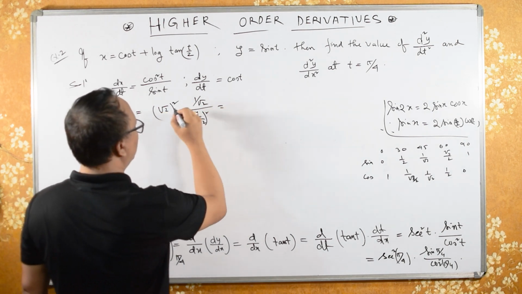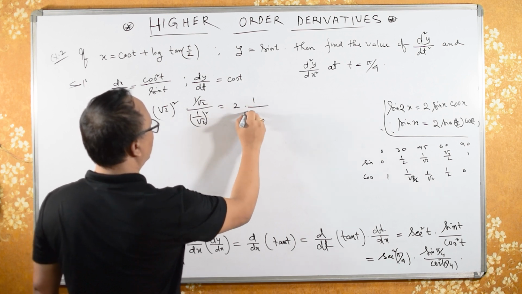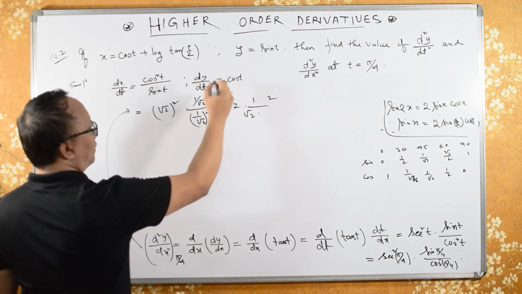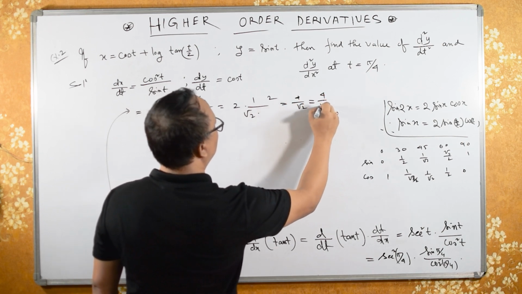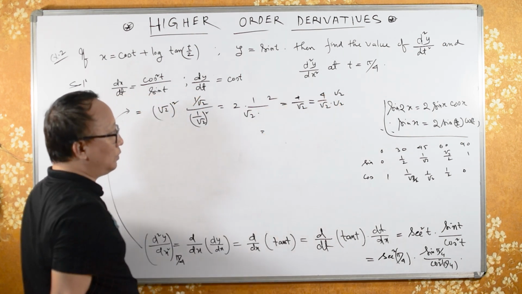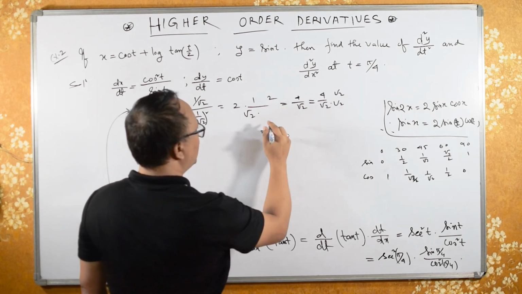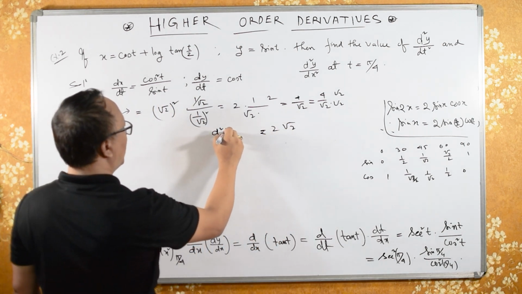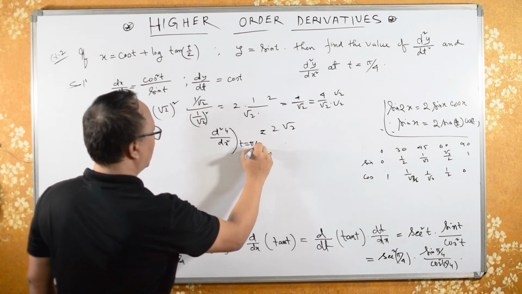Root 2 the whole square is 2. So we have 1 by root 2 into 4, which is 4 by root 2. Rationalizing up and down by root 2, I get 4 root 2 upon 2, which is 2 root 2. This is d2y by dx square at t equals pi by 4. This is the value.